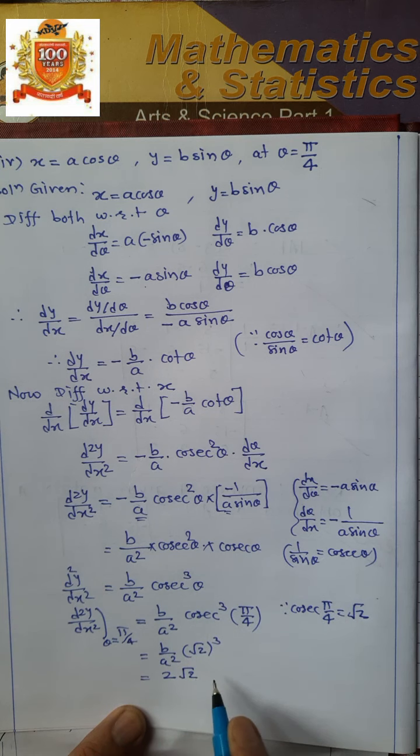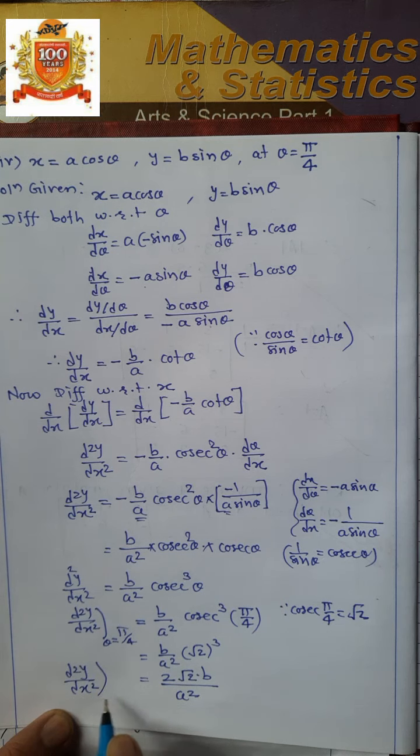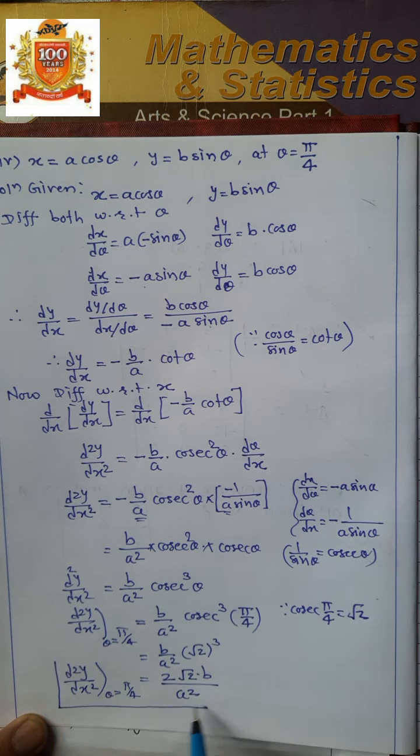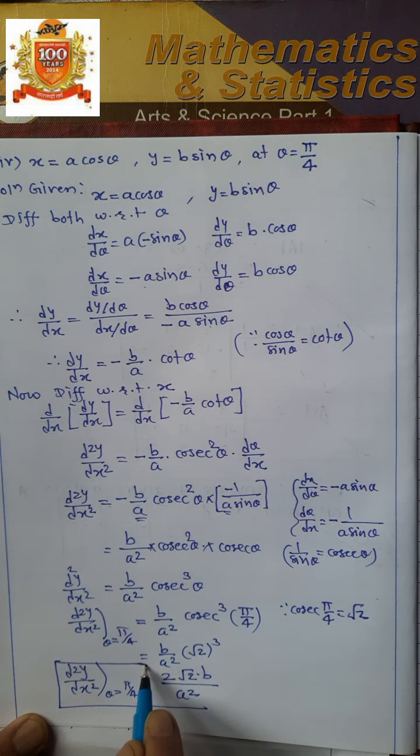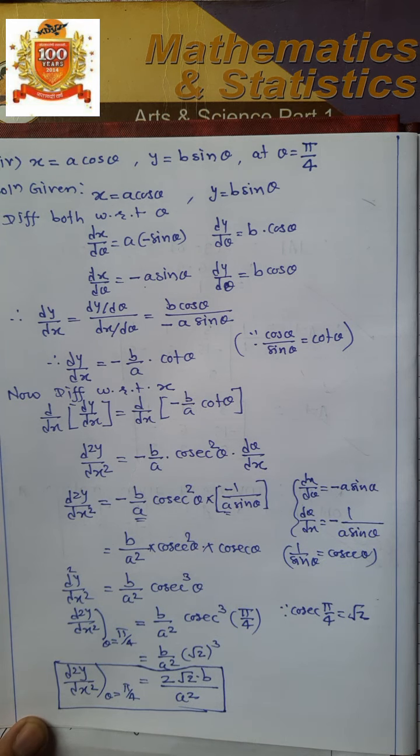Root 2 cube means 2 root 2 into b upon a square, d2y by dx square at theta is equal to pi by 4. This is the answer, isn't it? In this way we can get the answer of this question.